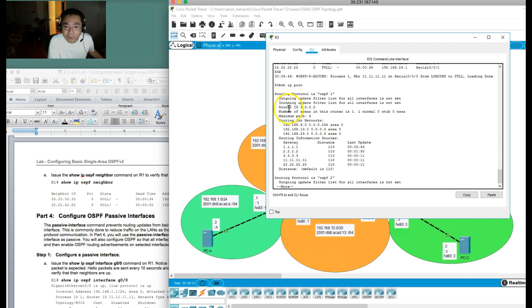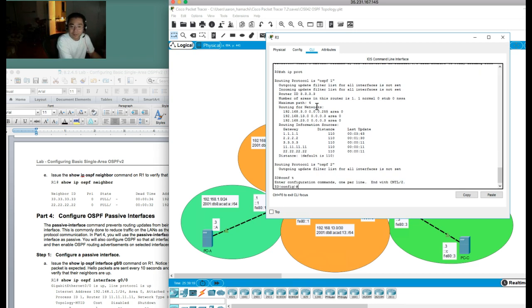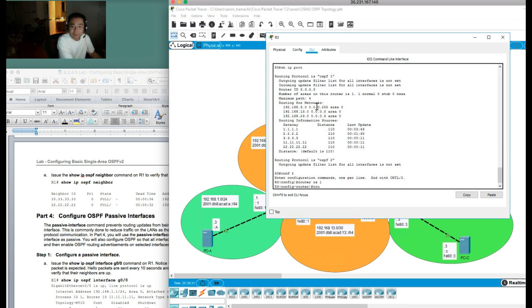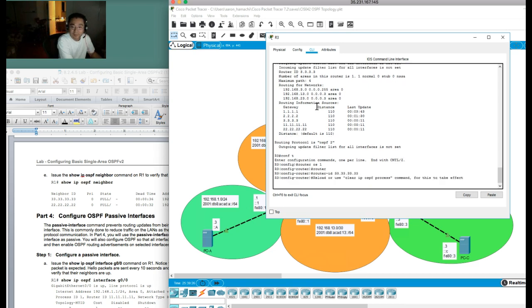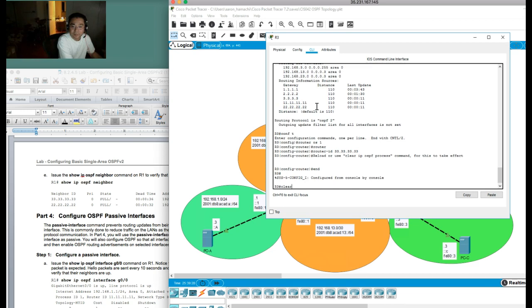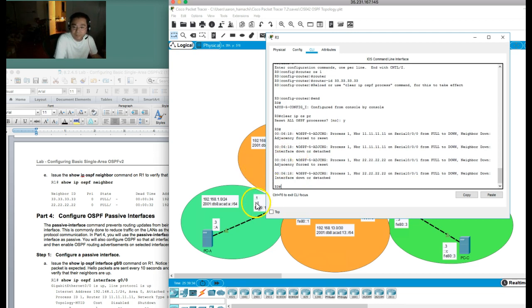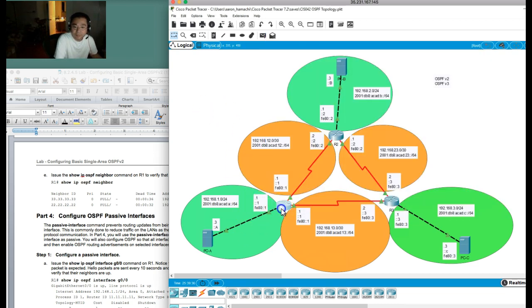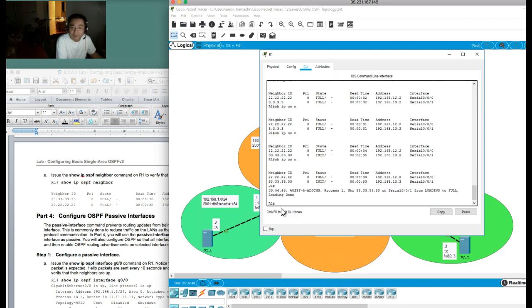Make sure our router ID is 3.3.3.3. Okay. So we'll just correct that really quick. Router OSPF 1, router ID. Much better. Now we see it.